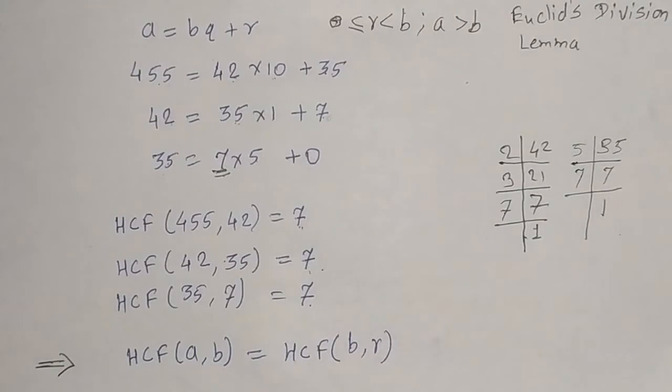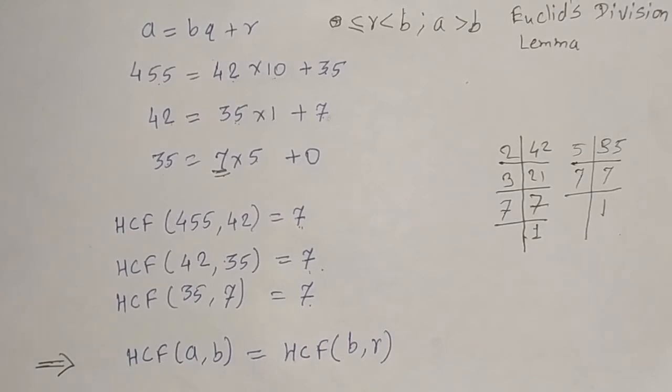Now we will see Euclid's division algorithm, which is nothing but Euclid's division theorem written in a stepwise, generalized form. You call that an algorithm, which will help you remember the steps you should apply while solving the problem.